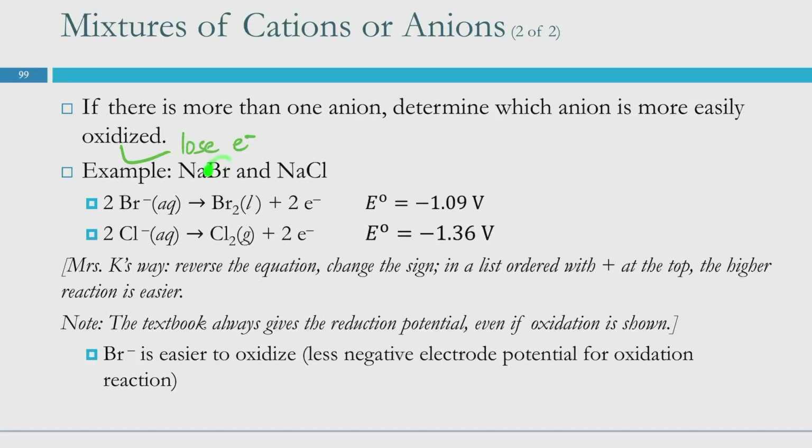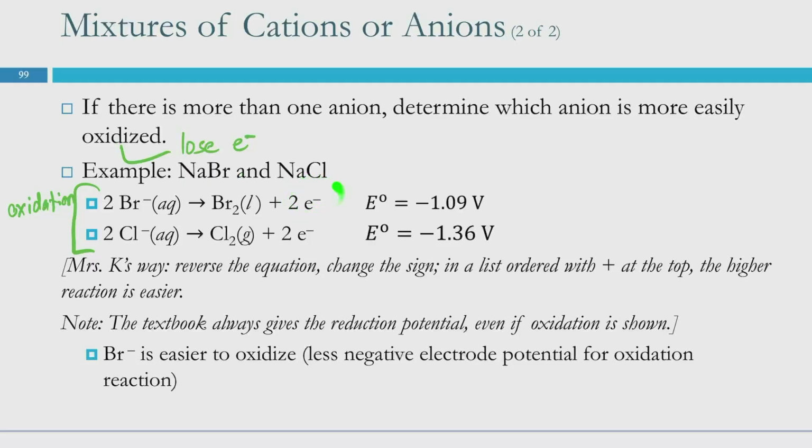So for example, if you've got sodium bromide and sodium chloride, bromine and chlorine, we've flipped these from how we would see them in our standard reduction potential table. So we've got these already flipped in the oxidation direction.